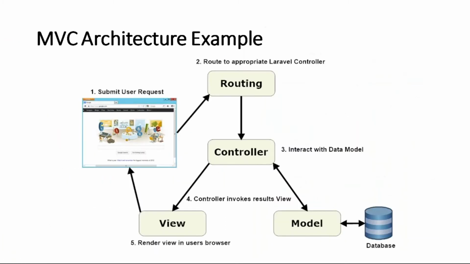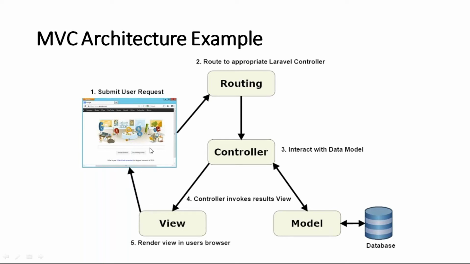So we'll look at an example of the MVC architecture. From this diagram, you can see a user submits a request, let's say on Google, via a view. This is the web page which the user sees, which is the view.